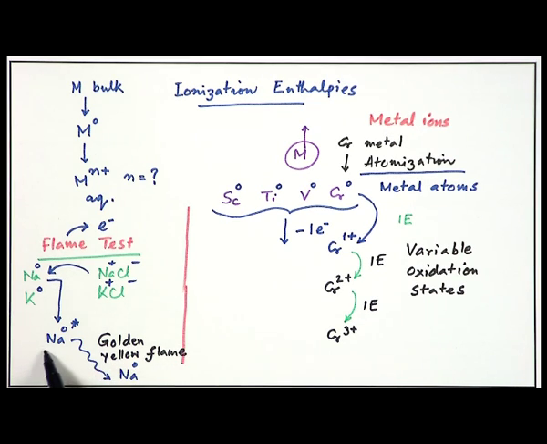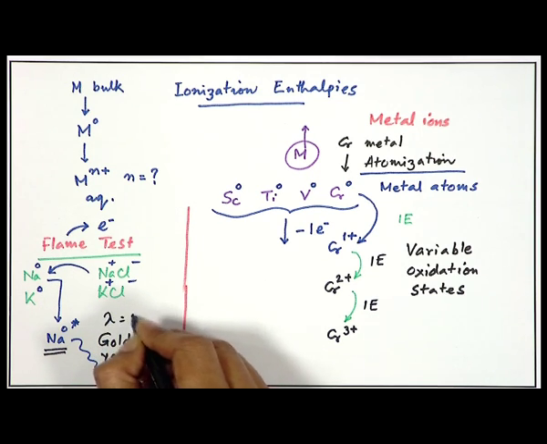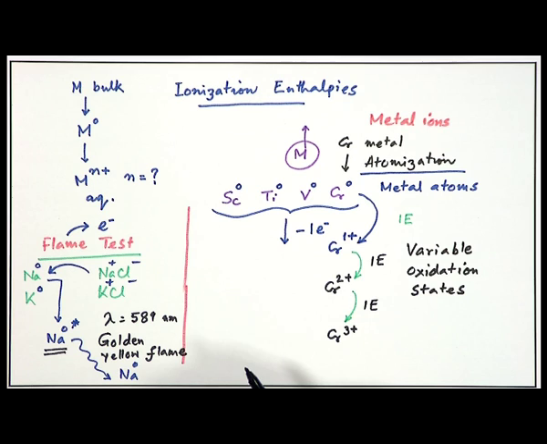So, the atomic state of sodium, when excited, gives rise to characteristic radiation and the color. The wavelength lambda is 589 nanometer, which is characteristic of its golden yellow flame.